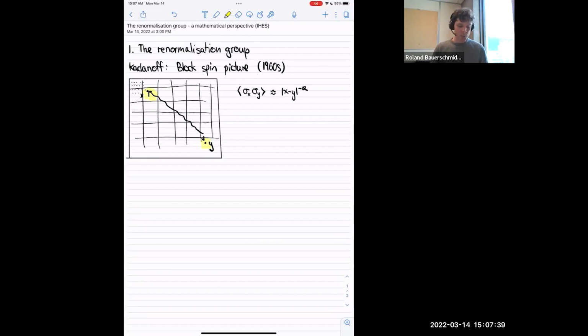So the block spin procedure is going from the microscopic spins to the block spins. And you could iterate this procedure. And that's what we call the renormalization group. It's an idealized picture because if you try to write down any reasonable way to go from microscopic spins to block spins, you'll soon realize that you get a huge mess.